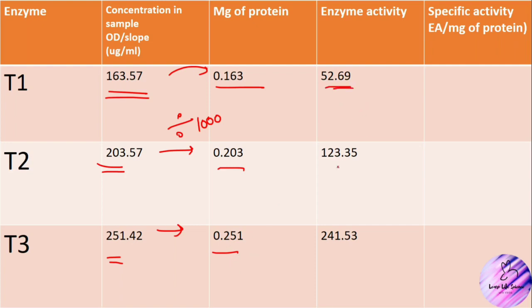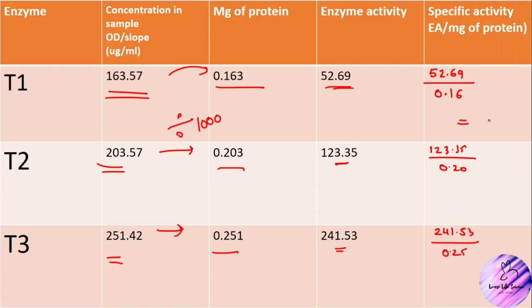We have already calculated the enzyme activity. Now we will simply calculate the specific activity. So specific activity will be enzyme activity 52.69 divided by milligram, that is 0.16. Then 123.35 divided by 0.20. Then this one is 241.53 divided by 0.25.